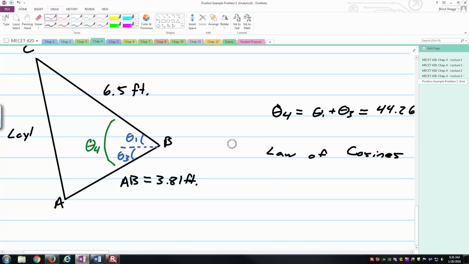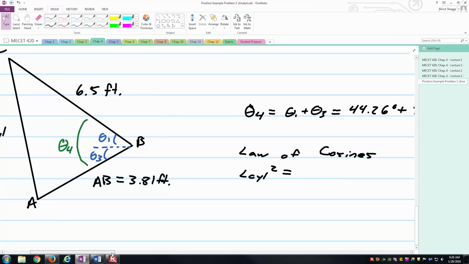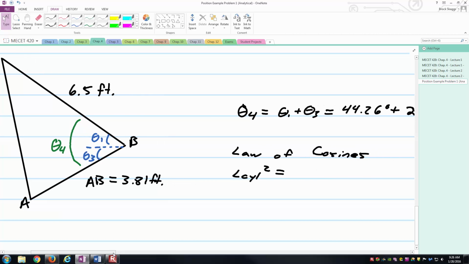So if we follow that, it would be the length of the cylinder squared. C squared is equal to, the next part is a squared plus b squared, where a squared and b squared are going to be the sides that are bounding the angle. And so AB and BC here. I'll just write the values here. And so we'll say it's 3.81 feet squared and 6.5 feet.